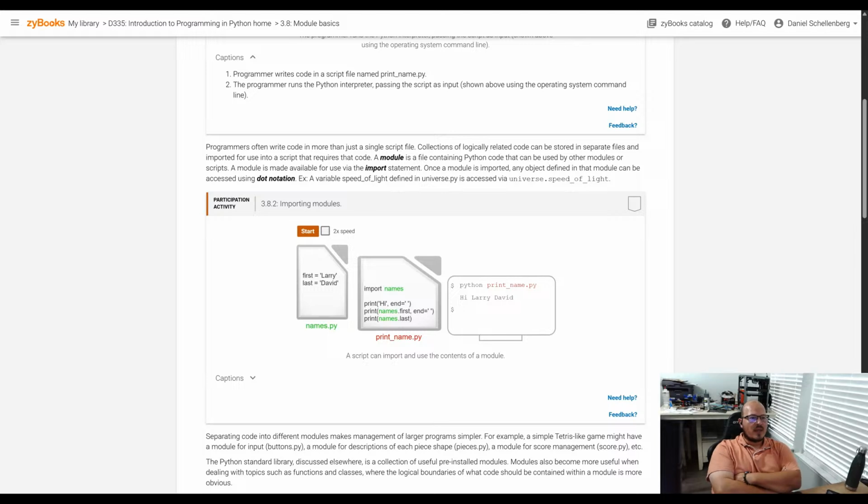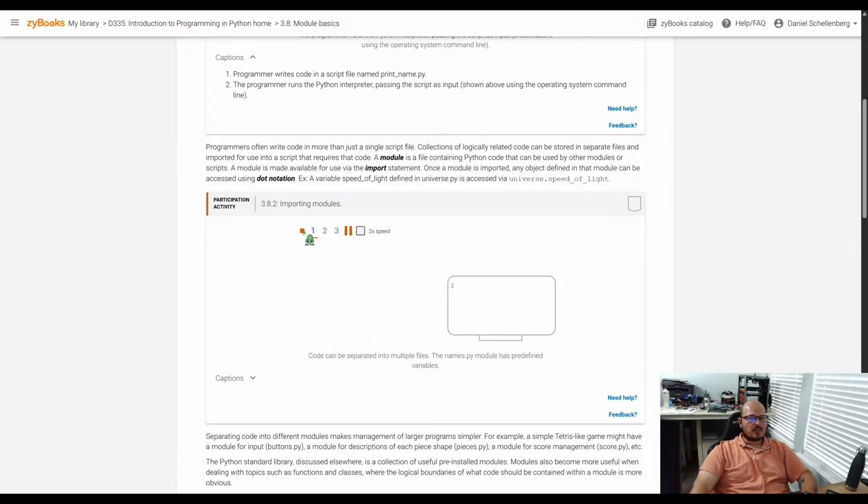Example, a variable speed of light defined in universe.py is accessed via universe.speed_of_light. Okay, pretty simple. So here's the Python file, the script file.